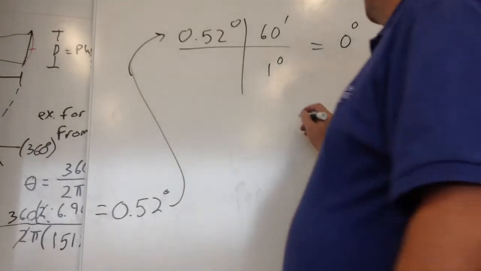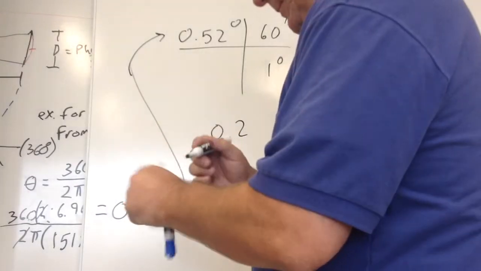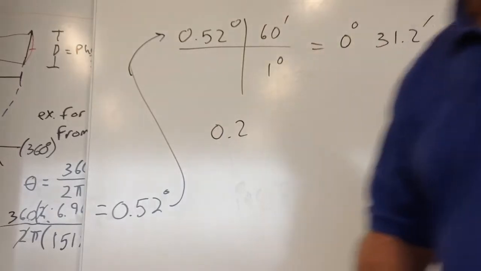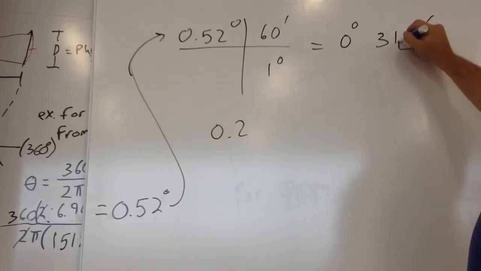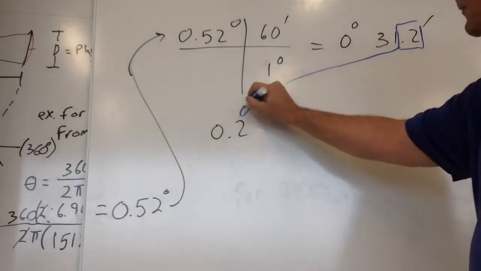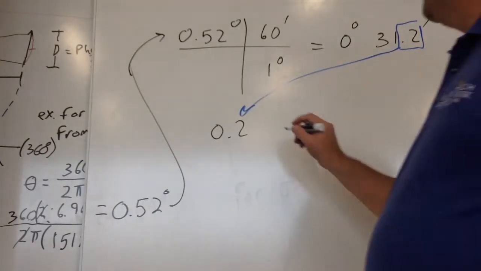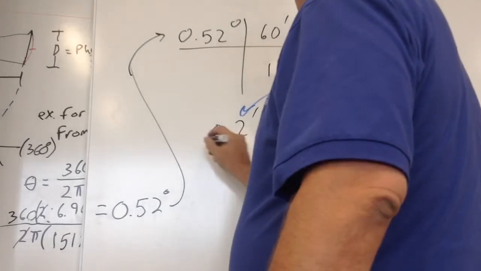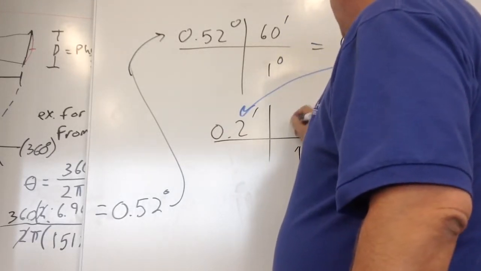So we'll take the 0.2, just to be clear, and convert it from arc minutes to arc seconds. Then I want to get rid of the arc minutes.